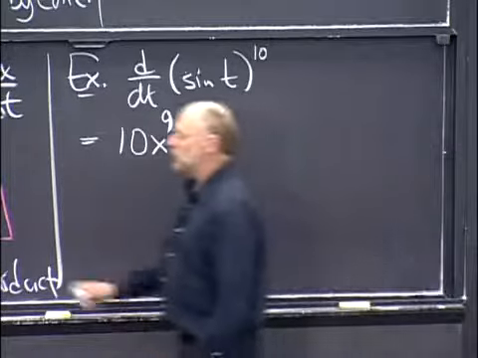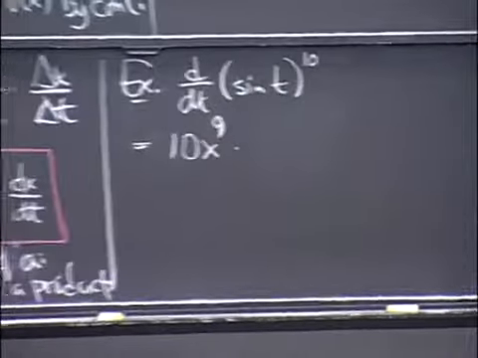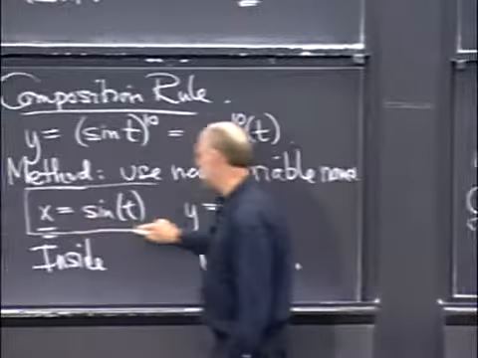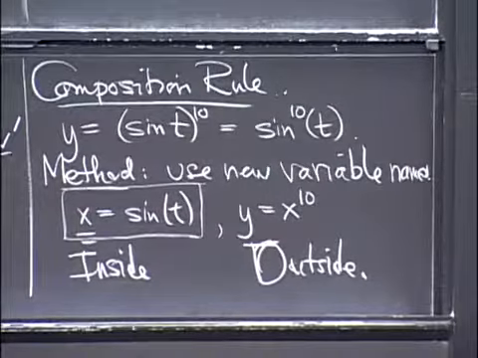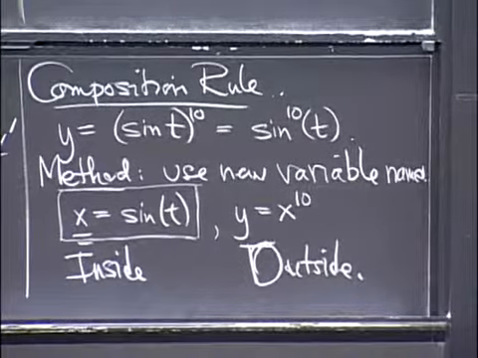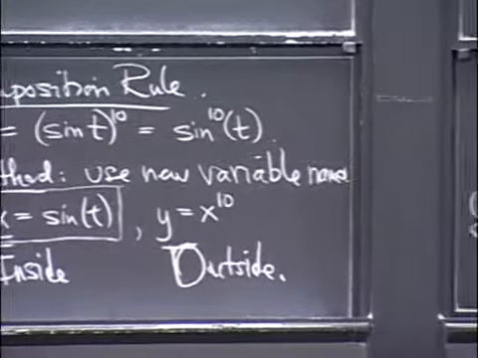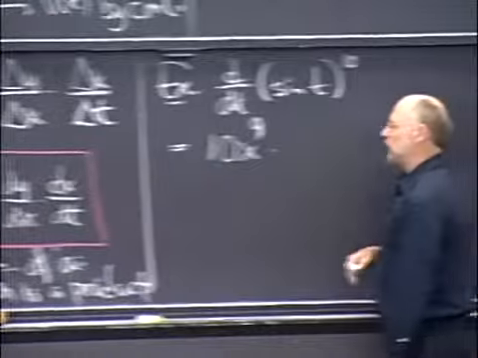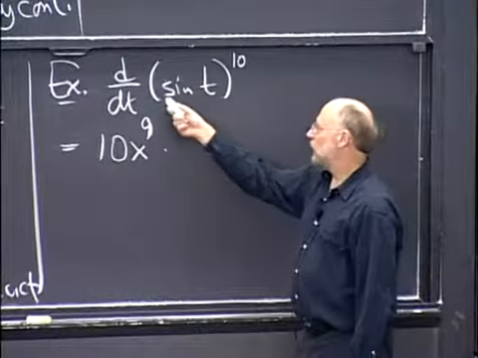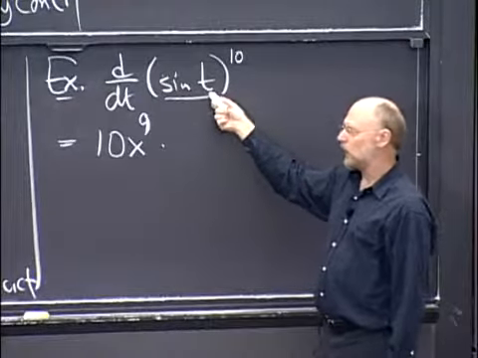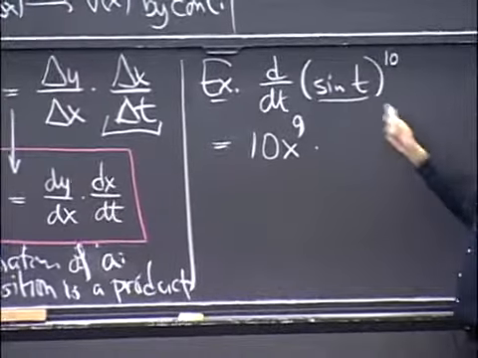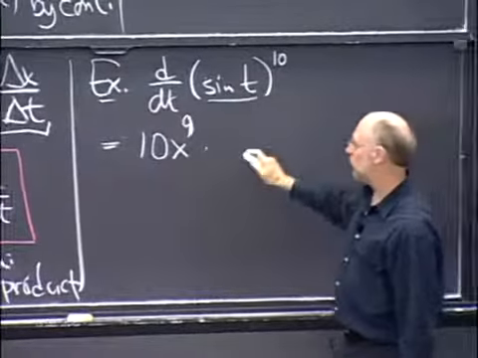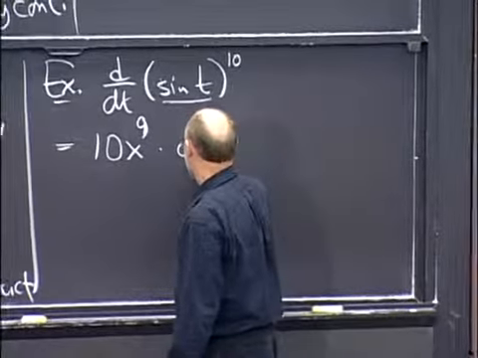I'm using this newly introduced variable name x. So the derivative of the outside function is 10x to the 9th, and then here's the inside function, and the next thing I want to do is differentiate it. So what's dx/dt? The derivative of sine t, that's cosine t.